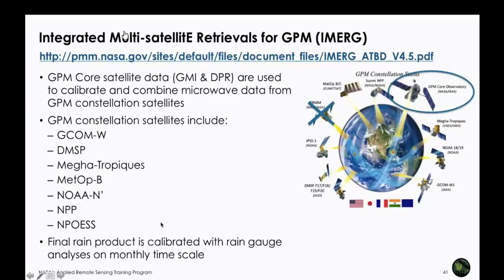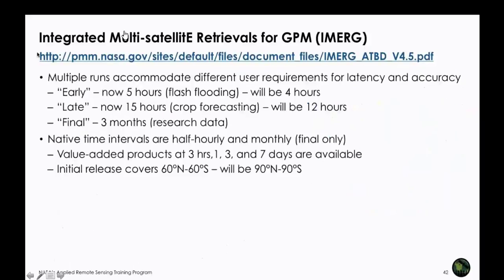All these satellites listed here, they have microwave imagers or radiometers on them, and so data from GPM core satellite, microwave imager and dual precipitation radar, they're used to calibrate all these combined microwave data and come up with integrated rainfall measurements. Not only that, the final product is also calibrated with rain gauges over land to get as accurate precipitation as one can get, and you can get more information from all the websites given here.